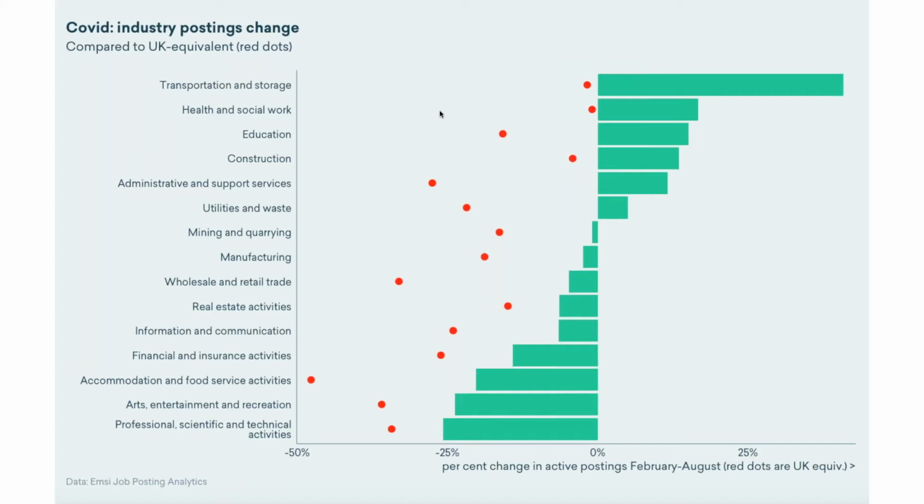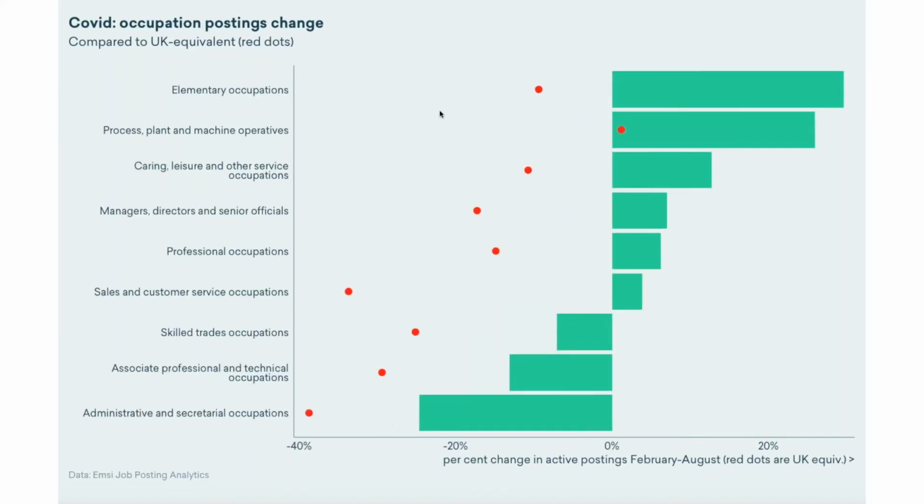And education performed well as well. But down at the bottom, where we had an adverse effect, so a lower amount of job postings, we can see things like financial insurance, accommodation and food service, arts, entertainment, and professional scientific. So a good mix there of the industries, some with a positive impact and some negative.